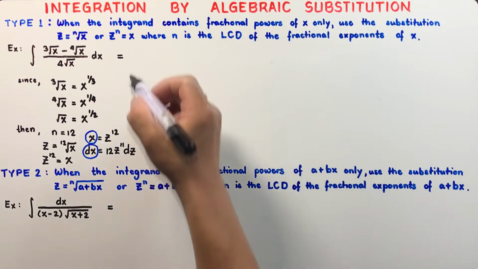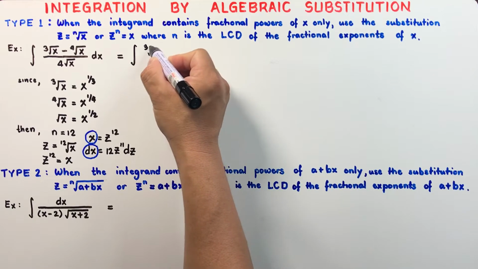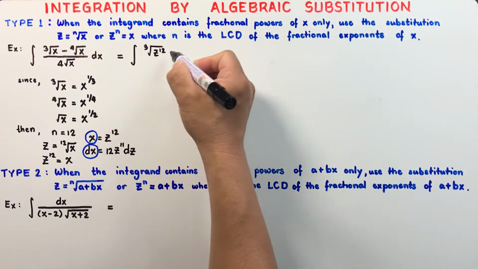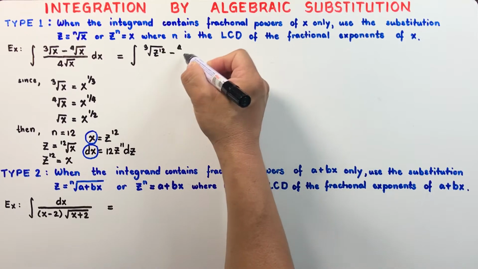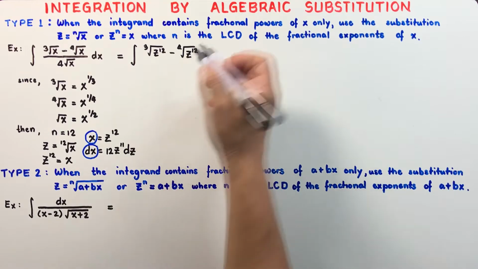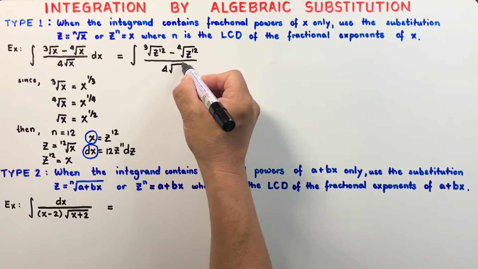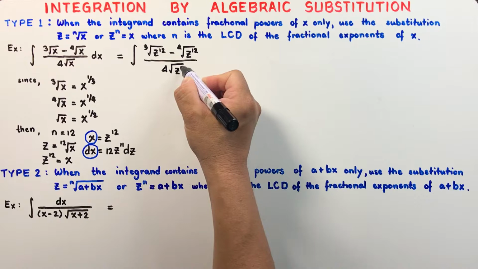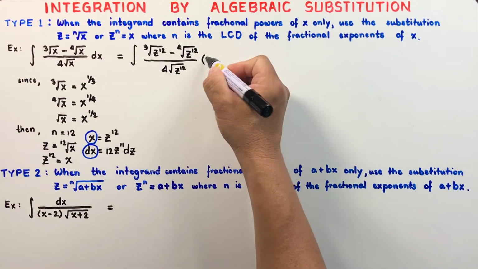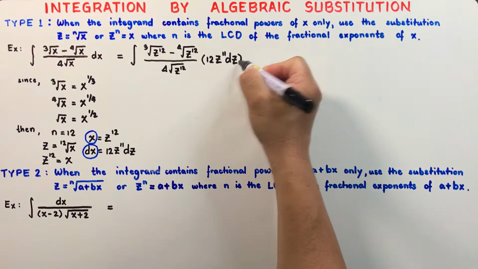Substituting that into our integrand, we have the cube root of x, and we know that x is z to the power 12, minus the fourth root of x, and again x is z to the power of 12, divided by 4 times the square root of x, and x is z to the power of 12. But our dx is represented as 12 times z to the power 11 dz here.